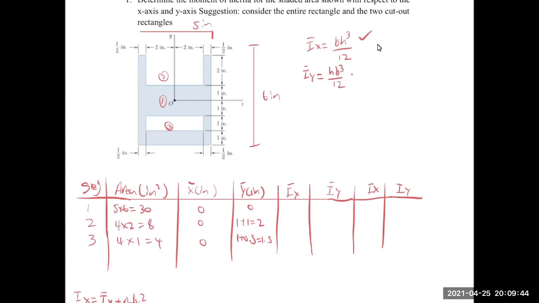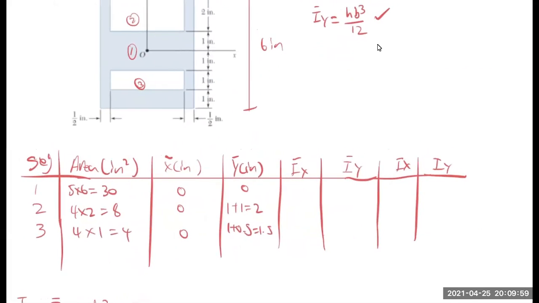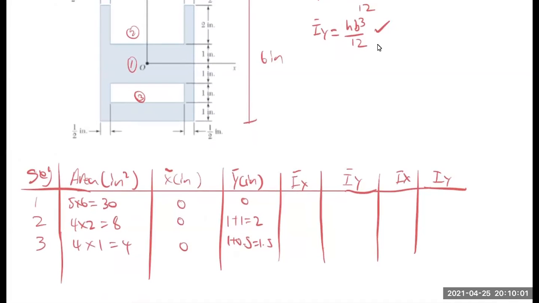I want you guys to remember that. So for I bar x, it's b multiplied by h cubed divided by 12, but for I bar y, it will be h multiplied by b cubed divided by 12.